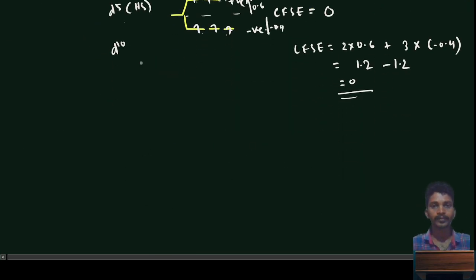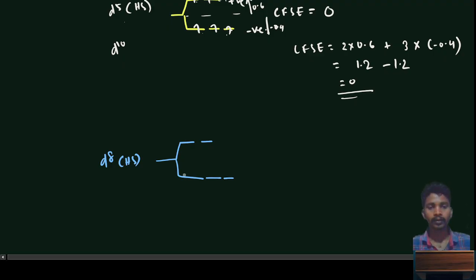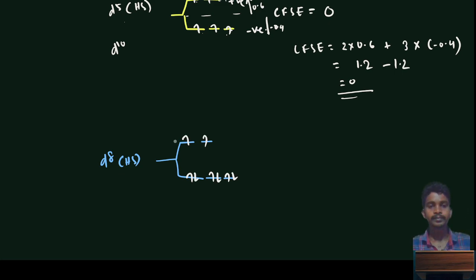Because if it is d8, let's say high spin is possible, then here 1, 2, 3, 4, 5, 6, 7 and 8, and let's say d8 low spin.